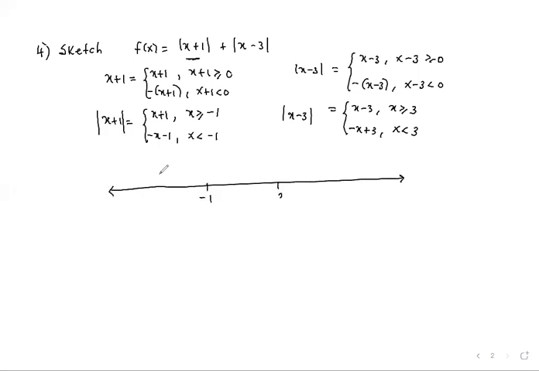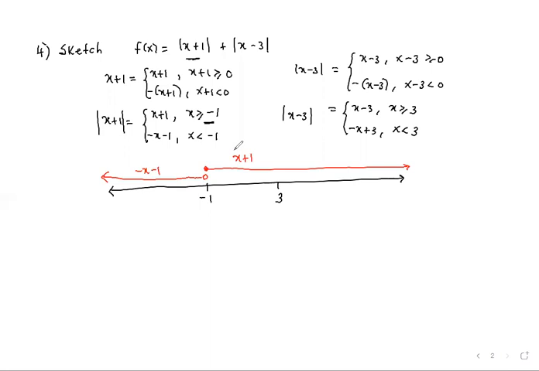Let's start with x plus 1. For x greater than or equal to -1, the function is x plus 1. Then when x is less than -1, the function is negative x minus 1. So that set of x plus 1 has been defined as x plus 1 for values of x greater than -1, and as negative x minus 1 for values of x less than -1.